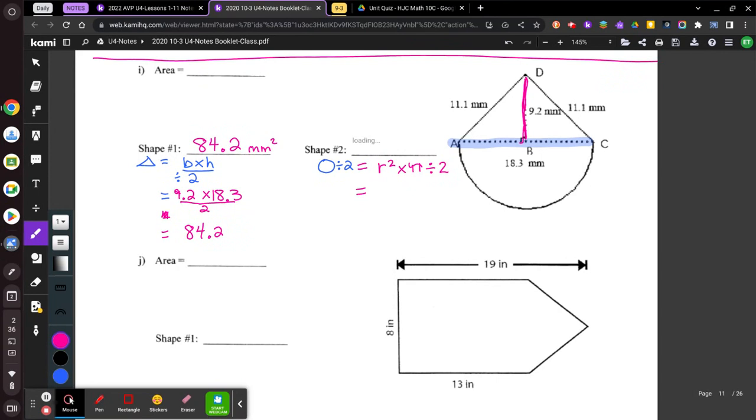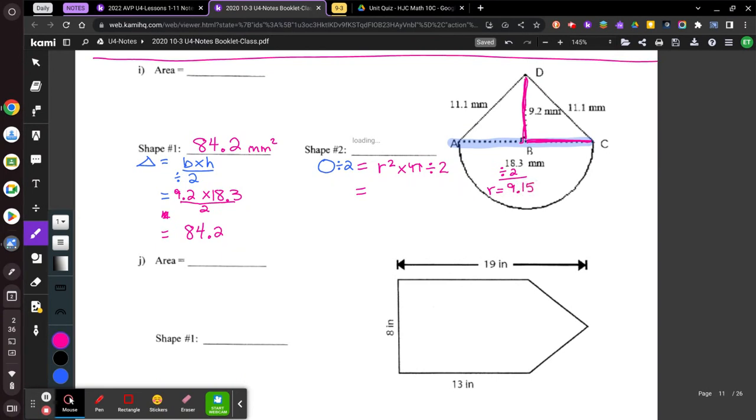So we know all the way across is 18.3. I need to know half. What would half of that be? Well, you're going to divide that 18.3 by 2, and that becomes our radius. So our radius number becomes 9.15. And you don't round that to 9.2.